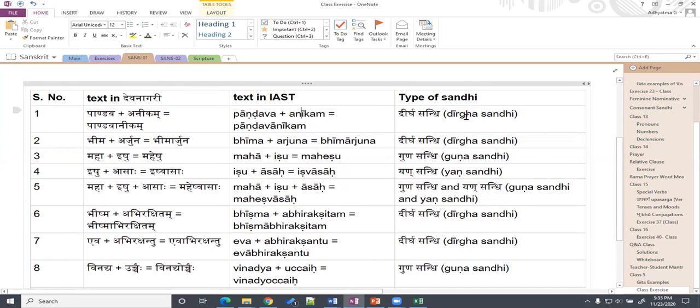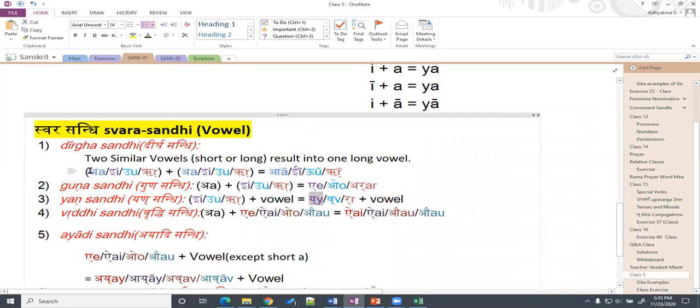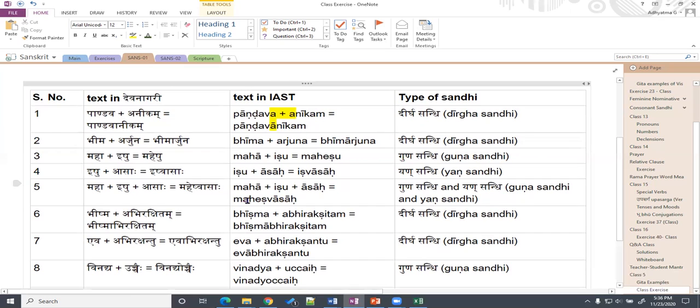Here it's the Dirgha Sandhi, as you can see: Akara plus Akara resulting in Akara, similar vowels. Then Bhima plus Arjuna. These are the names of two of the Pandava brothers. So Bhimarjuna means Bhima and Arjuna. Again, here is the Dirgha Sandhi.